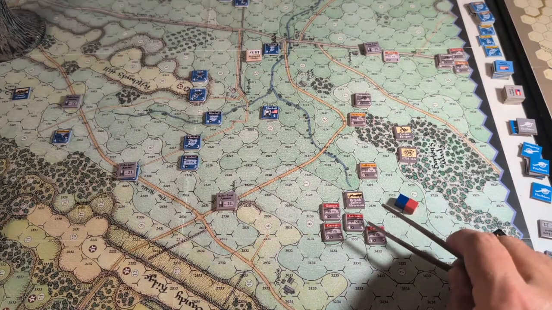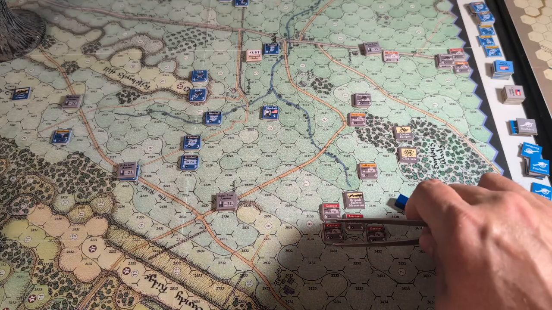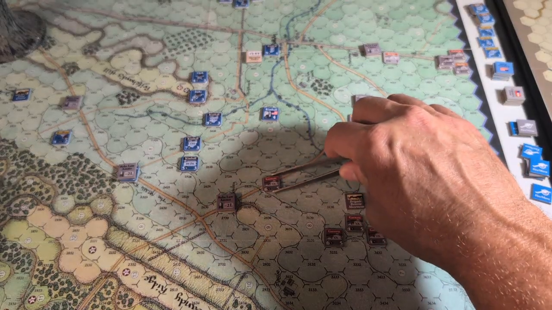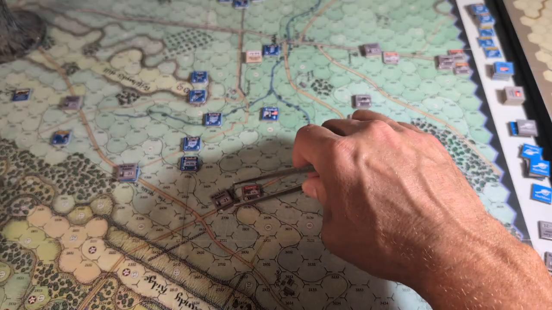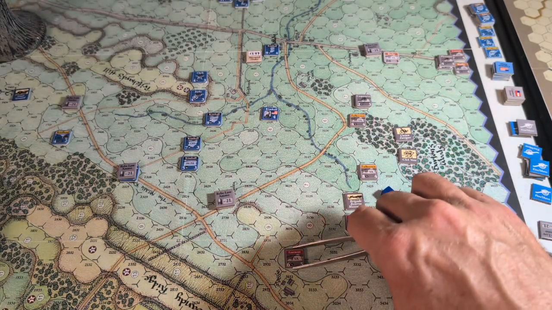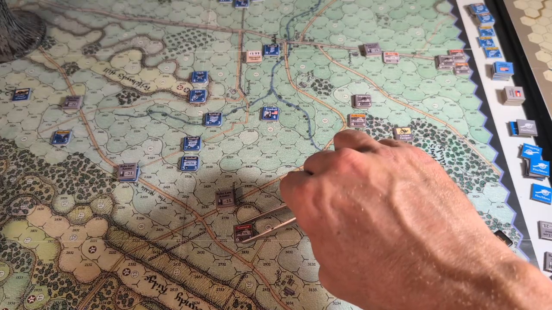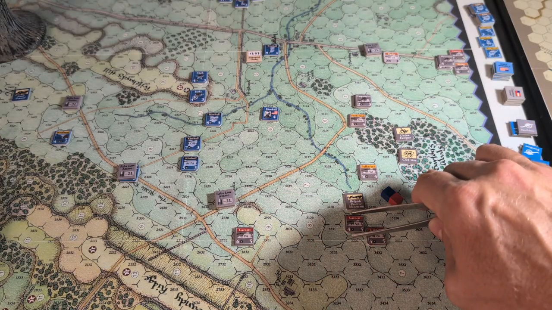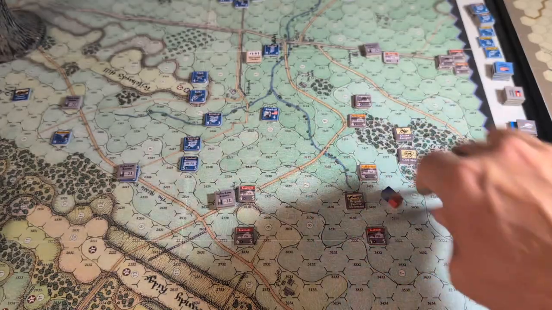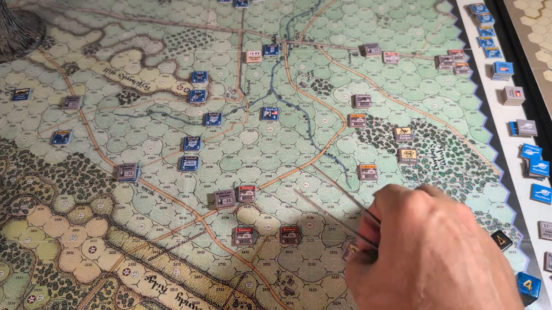So one, 2, 3, 4, 5, 6. 1, 2, 3, 4, 5, 6. 1, 2, 3, 4, 5, 6. Wasn't able to stick together.